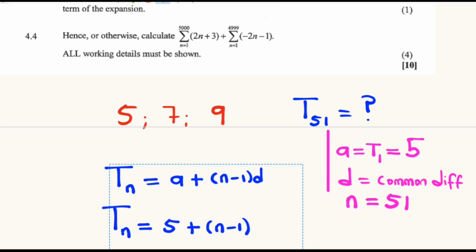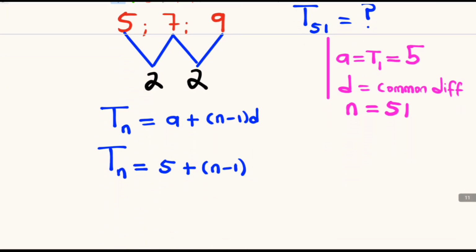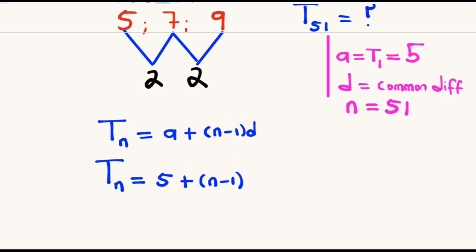So let's determine the common difference. The 7 minus 5 will be equal to 2, and the 9 minus 7 is also equal to 2. So in the place of the d, we substitute 2.